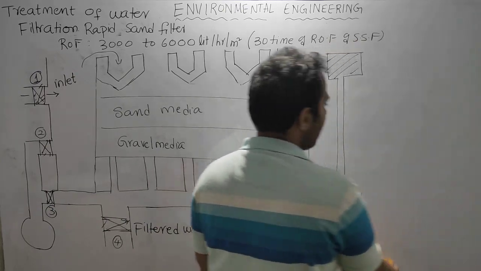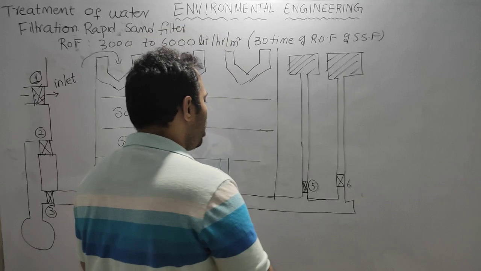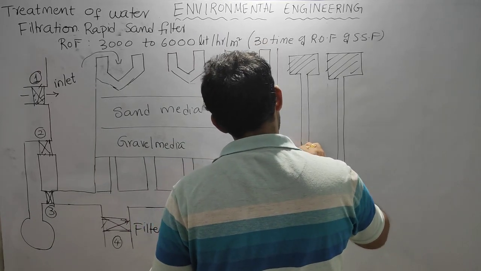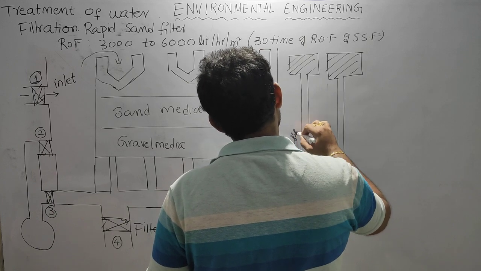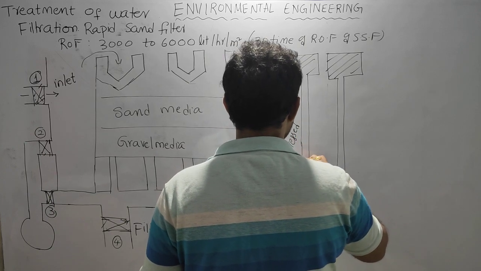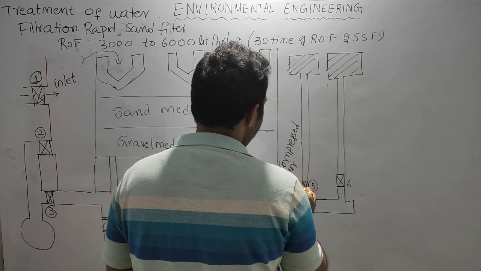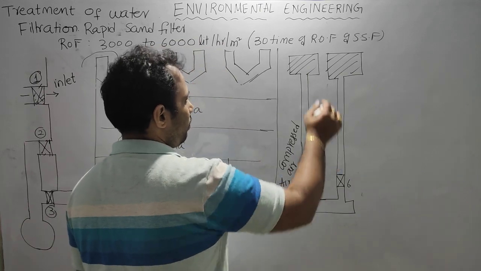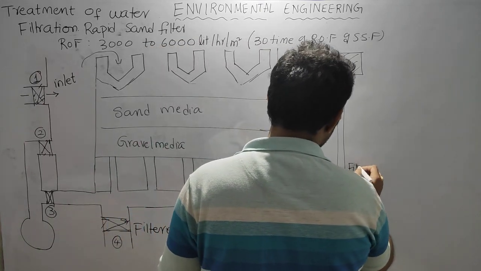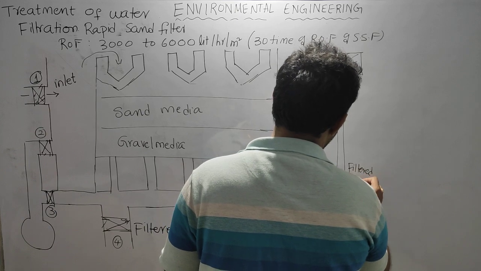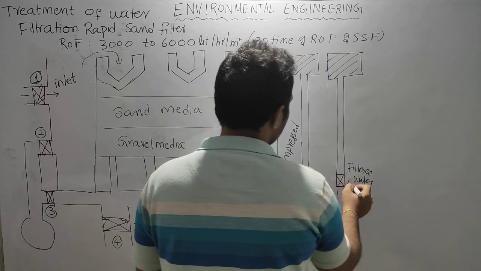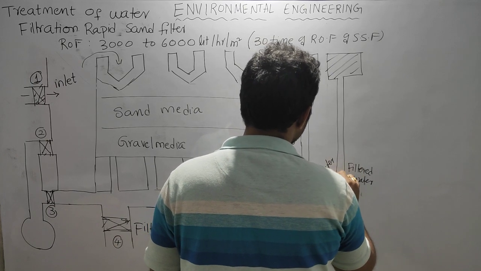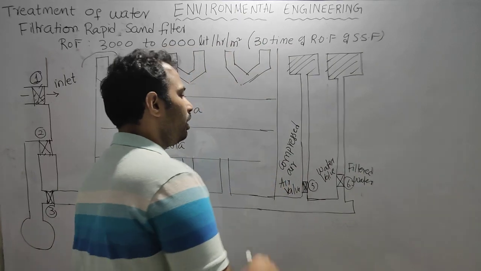Here, from valve number 5 we send compressed air, so this is the air valve, and from valve number 6 we send the filtered water, so this is the water valve.